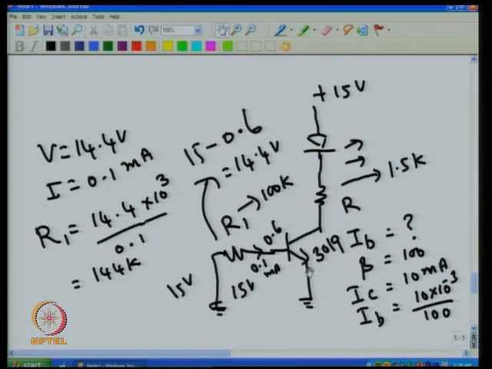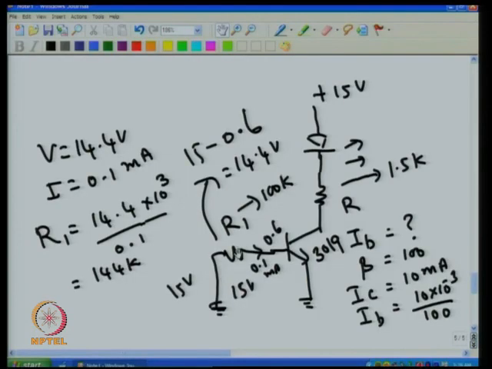So this is another important concept we learned in analog circuit design, that we always design a circuit for the worst case, taking the parameters which are worst for that particular case.